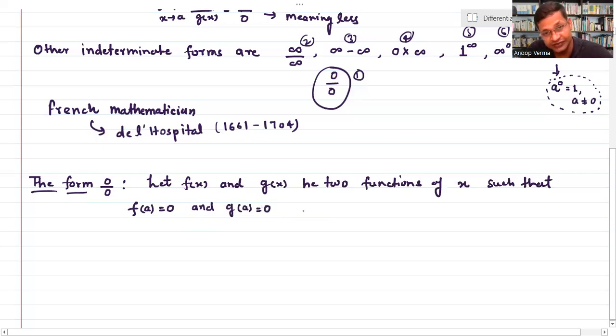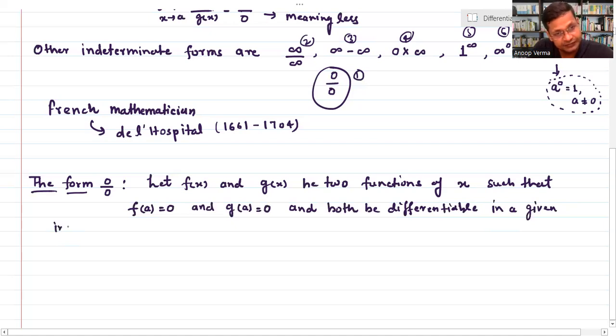And both are differentiable functions, because we need a derivative, in an interval containing the neighborhood of the point x = a.